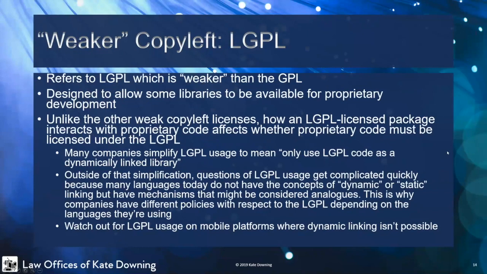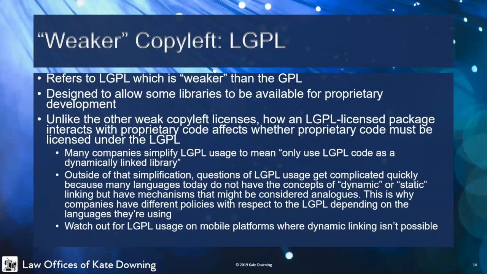So weaker copyleft. Weaker copyleft in this case means weaker than the GPL. It's a very specific turn of phrase specifically for the LGPL. I think a lot of people would just call LGPL weak copyleft along with the other licenses in that category, like Eclipse Public License or the CDDL and things like that.